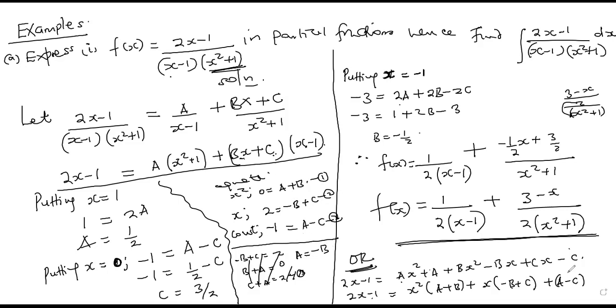In case you get challenges in solving simultaneous equations, you let me know. But I really think that everyone can. So now, after reaching here, I'm going to integrate this because they told me that hence I find the integral, meaning after expressing it into partial fractions, I find the integral.